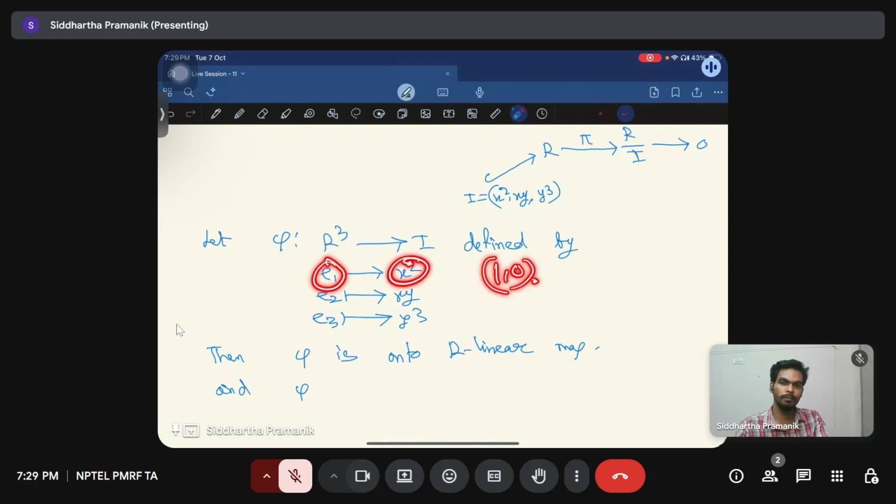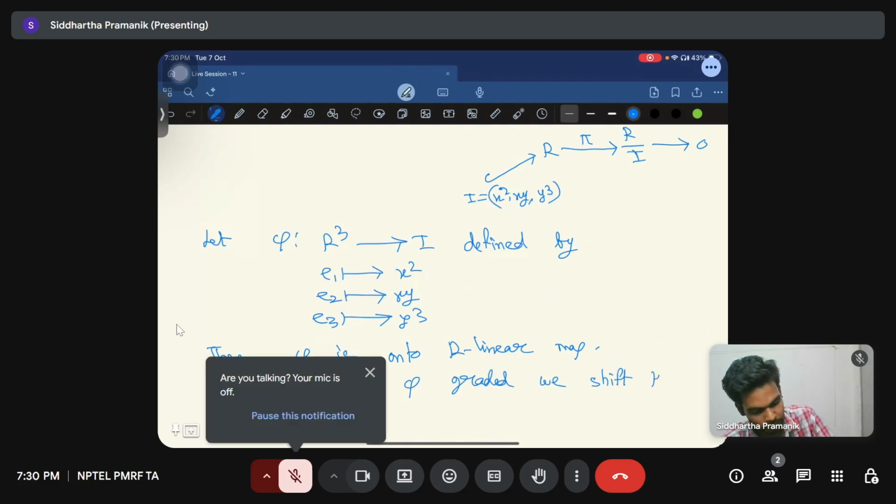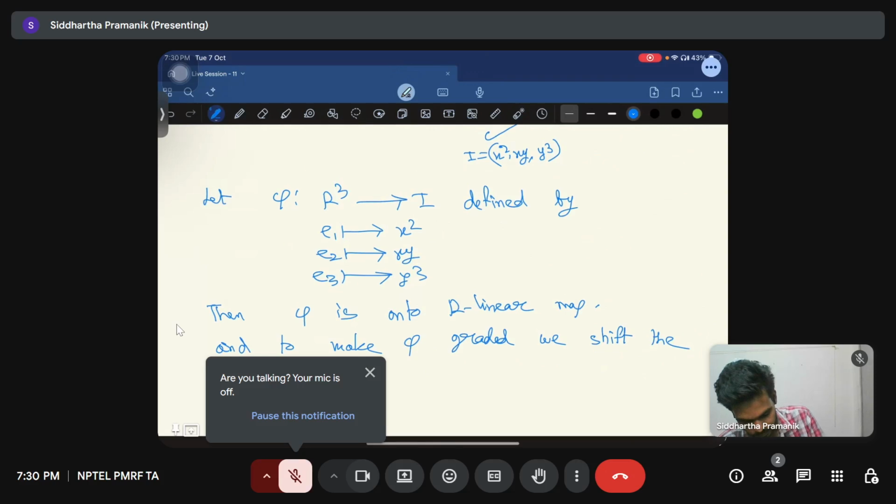So we need to shift the degrees to make this homomorphism a graded homomorphism. And to make phi graded, we shift the degrees as follows.